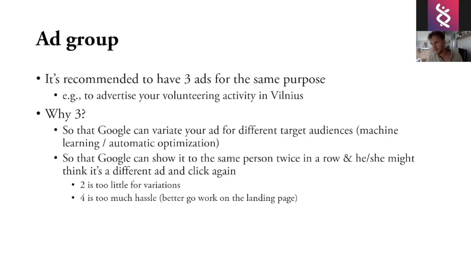We think that 3 is an optimal number and no need to create a fourth one unless you really have ideas for 4 specific ads. But I think it's better to work on other elements of your experience. For example, the landing page where the person gets after clicking on the ad. So 3 is the optimal number.